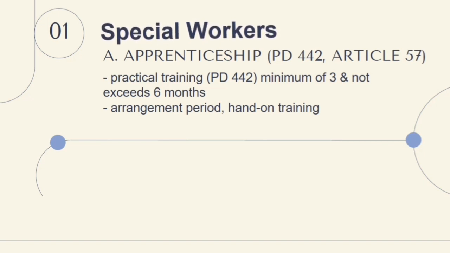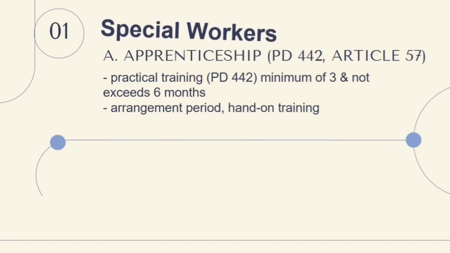And there is, of course, an arrangement period, and most probably this is a hands-on training. So these apprenticeship are usually requisites in a business that is considered highly technical industry. Examples are trade, business, enterprise, or the application of advanced technology and the like.